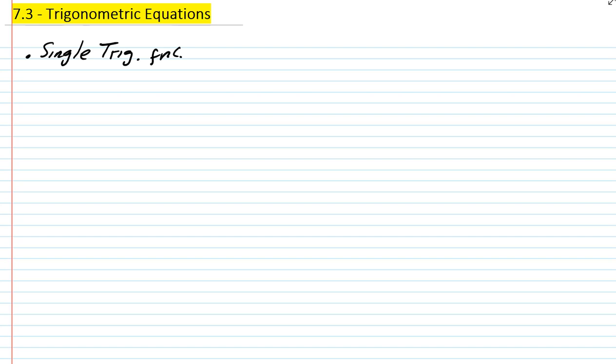Another kind involves quadratic expressions, so these could be quadratic in form, for example sine squared, cosine squared. And you have those where you have to use other identities, such as the Pythagorean identity.